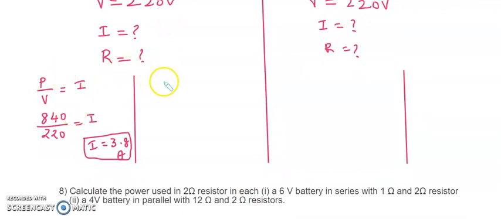And for resistance, V by I is equal to resistance, means R is equal to V by I, which is 220 divided by 3.8 ampere. So R is turning out to be 57.6.